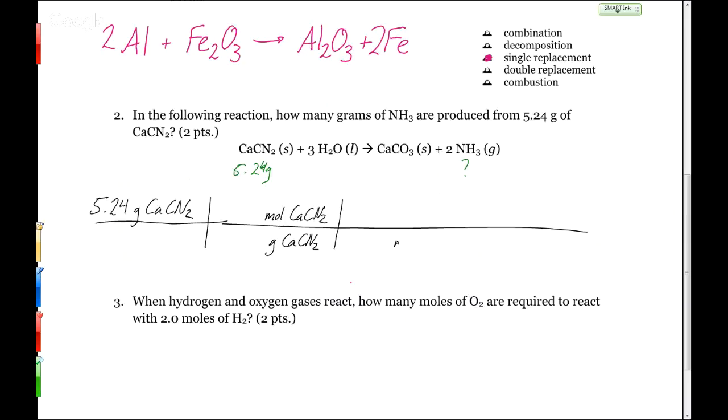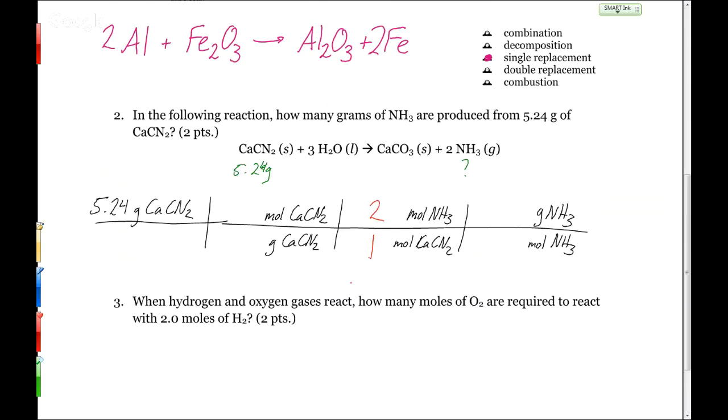Then to moles of NH3, and then to grams of NH3. All right. We fill in the middle one, the mole to mole ratio from the equation. So that's 2 to 1. And then the others are from the molar masses.